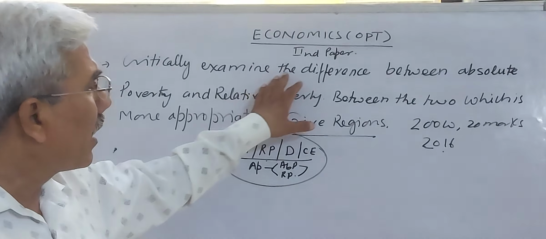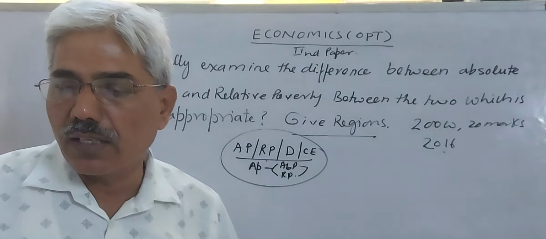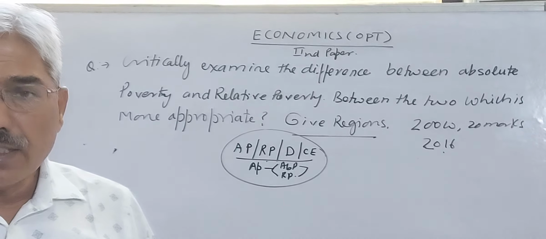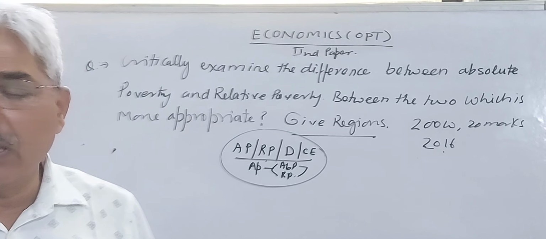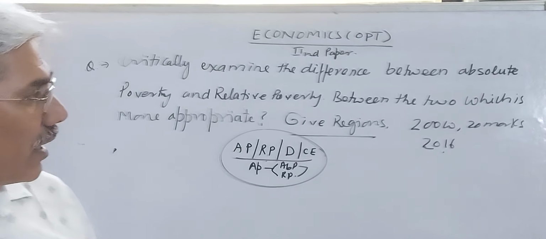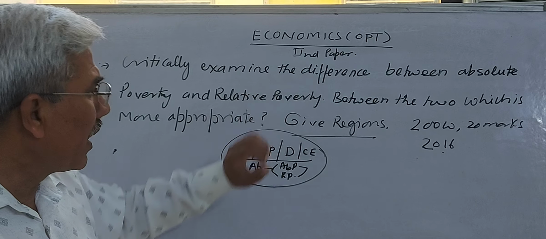That is why the absolute definition of poverty is better for those countries. Policy is always formulated on the basis of absolute poverty. That is why absolute poverty is better in case of a developing country.